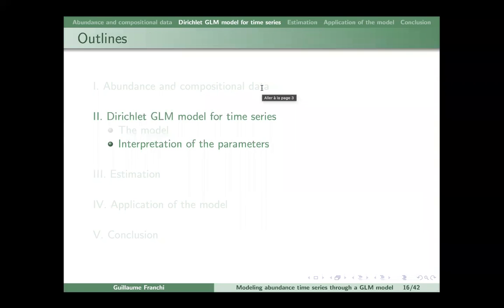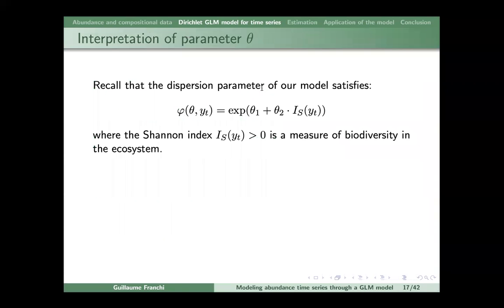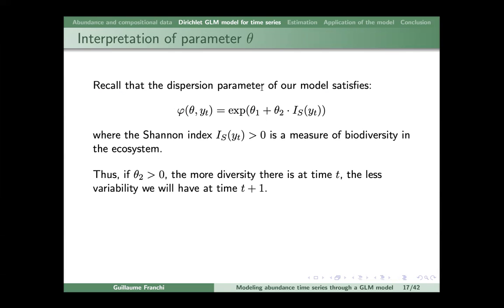So I promised you that the model could be interpretable. Let's take a look at these parameters and their interpretation. Take, for example, the parameter theta. Remember that the dispersion parameter phi is given by this formula, and the Shannon index is a measure of biodiversity. If theta2 is positive, it means that the higher the Shannon index, the higher phi will be, and so the lower the variability will be.